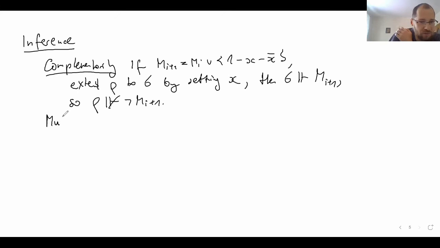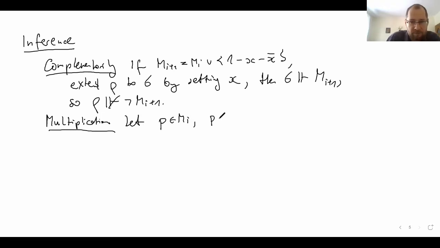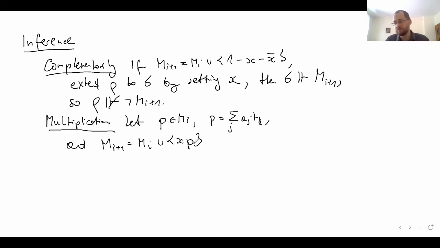And multiplication is the other one that needs just a slight discussion. So assume that we have P in M_i, that P is the sum of a_j t_j. And let's say that M_{i+1} is M_i union xP. We have added P multiplied by a variable. Now there are two cases.